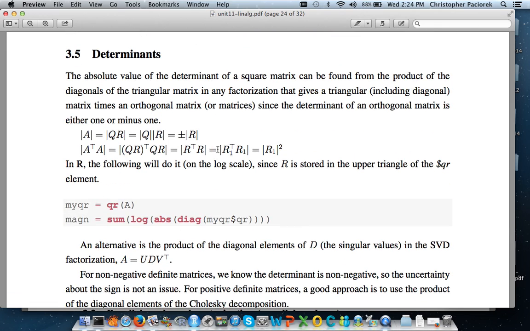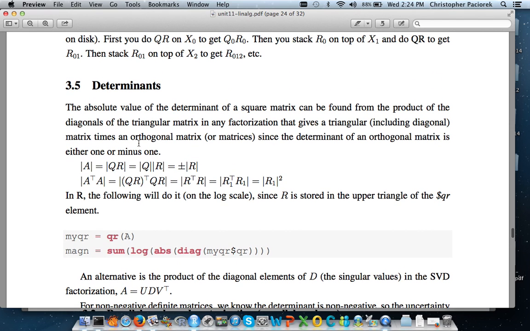Okay, so a quick word about determinants. Basically, anytime we have a decomposition that is a triangular matrix by an orthogonal matrix, which is certainly true for the QR decomposition, then we can think of getting the determinant as the product of the determinants. And what do we know about orthogonal matrices? That they have a determinant that's either plus or minus 1. And what do we know about getting the determinant of a triangular matrix?